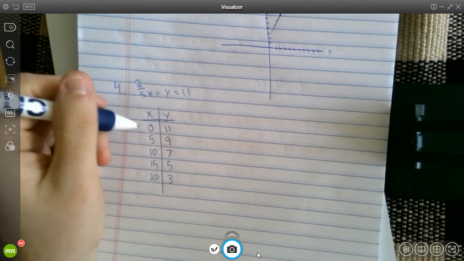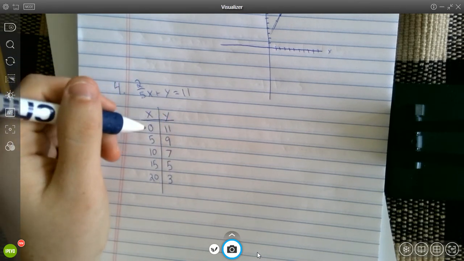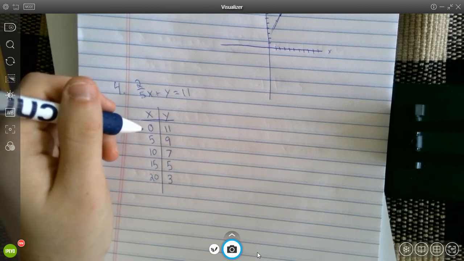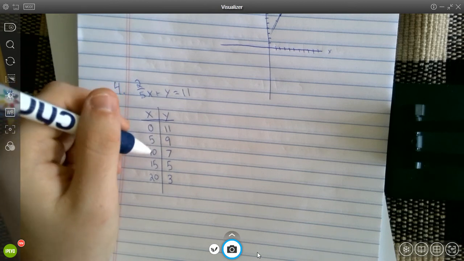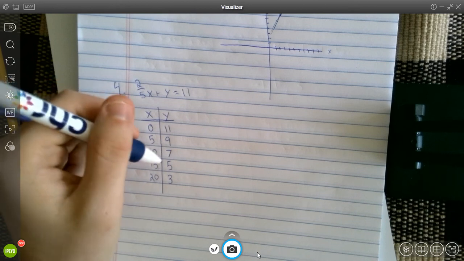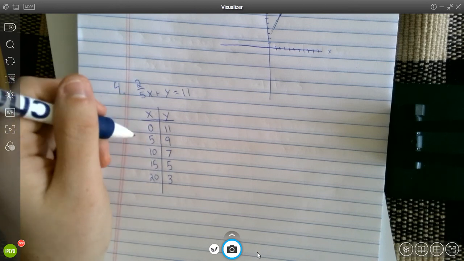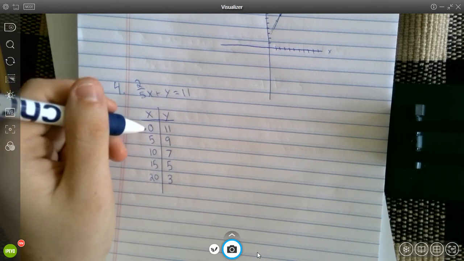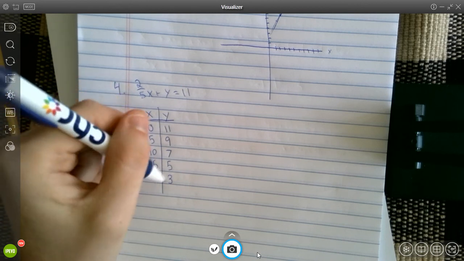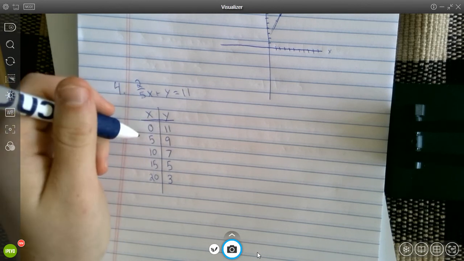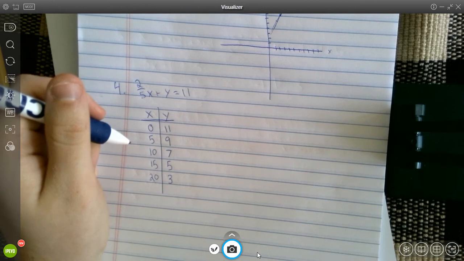Now, once again, we can graph these values. If you think about this as a table, these are coordinate points: (0, 11), (5, 9), (10, 7), (15, 5), (20, 3). I want you guys to think about this problem. Everything that we came up with here is whole numbers. But could we have a fraction answer?